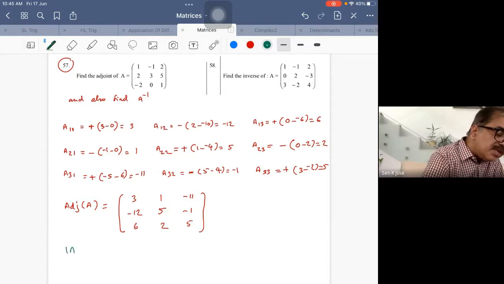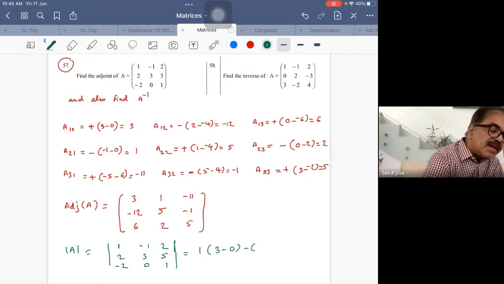So I'm going to do determinant A. Determinant of A, 1 minus 1, 2; 2, 3, 5; minus 2, 0 and 1. I need to evaluate this determinant. So 1 into 3 minus 0, minus 1 into determinant. Now all of you know how to do it. Just expand. Minus 1 into 2 minus 10.